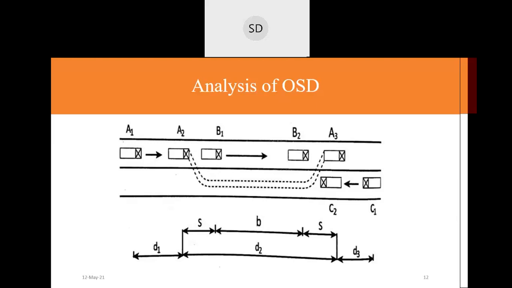So your D2 is here: if you consider the distance from B1 to B2 as V, then it is basically V plus 2S. Another thing is that the D2 distance is covered by vehicle A from position A2 to A3 within, suppose, an overtaking time capital T seconds. So capital T is nothing but the actual overtaking time. Within that time vehicle B will move from B1 to B2.